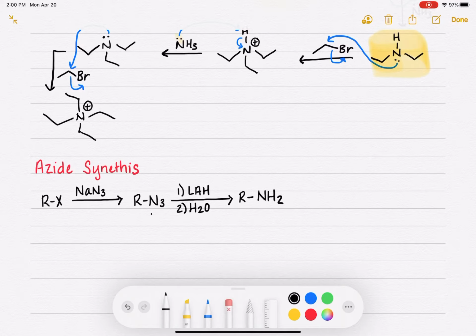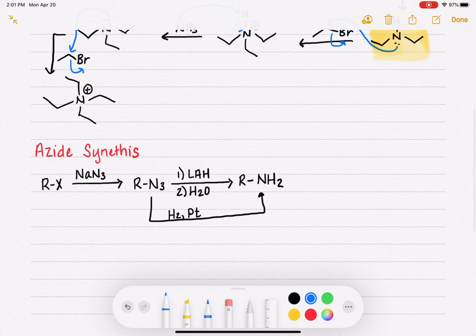You can also get this reduction done with hydrogenation, so H2 with one of our metal catalysts like platinum, palladium, nickel. And before we get into the mechanism, let's make a note that our alkyl halide that we start with can't be tertiary, because the first step of this reaction is an SN2 reaction.